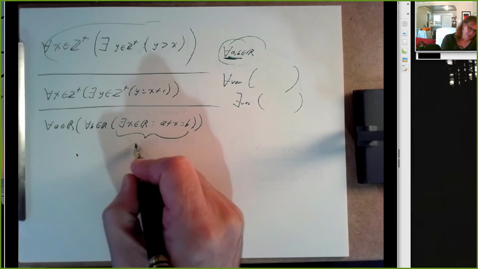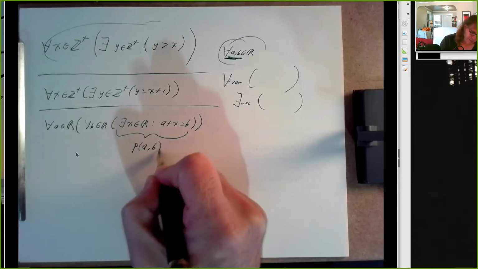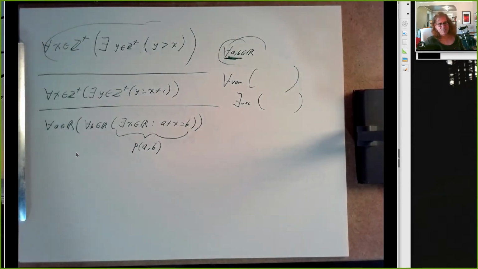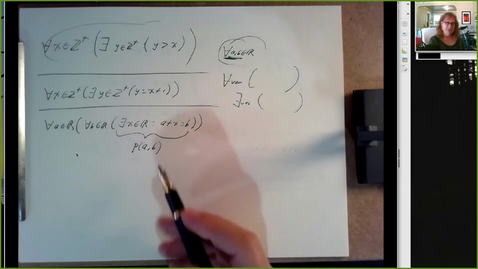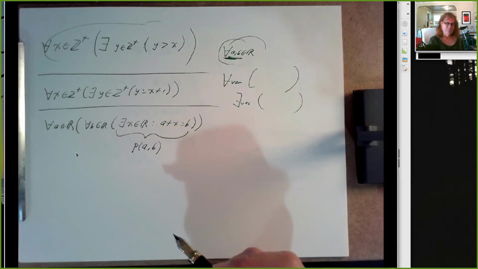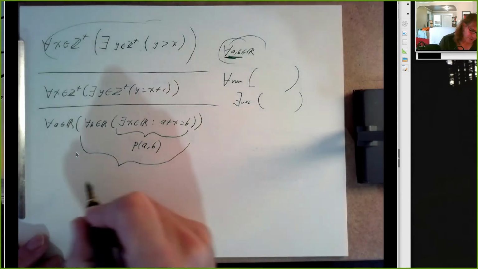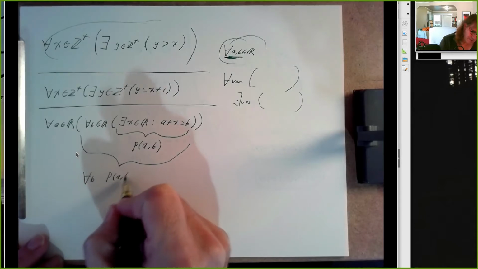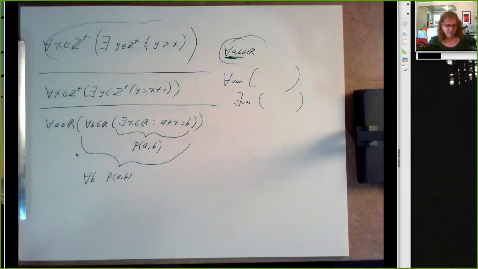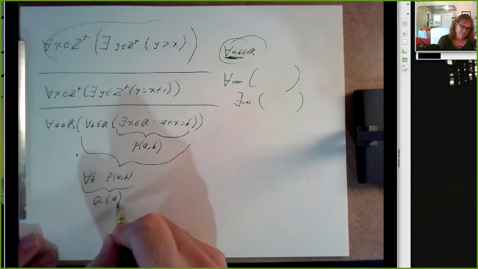This could be the proposition P of a comma b. P of a b is the proposition that there exists an x such that a plus x equals b. All right. So this is also a proposition. For all b, P of a comma b is true. Well, that's a proposition which we could call, say, Q of a.